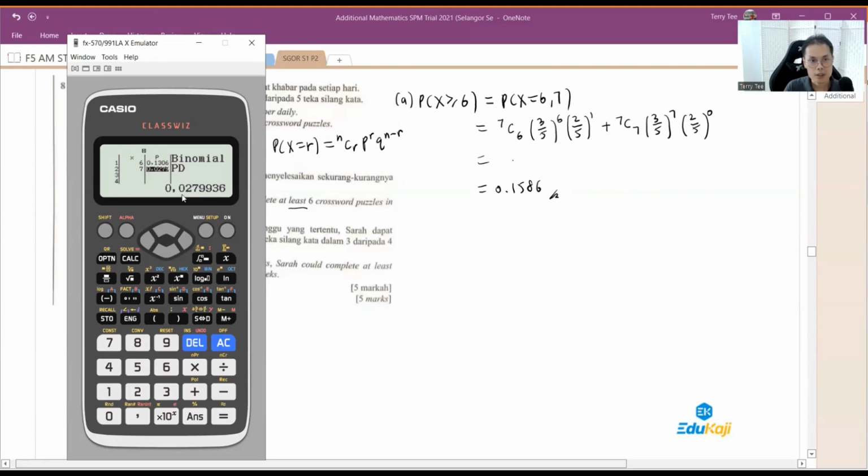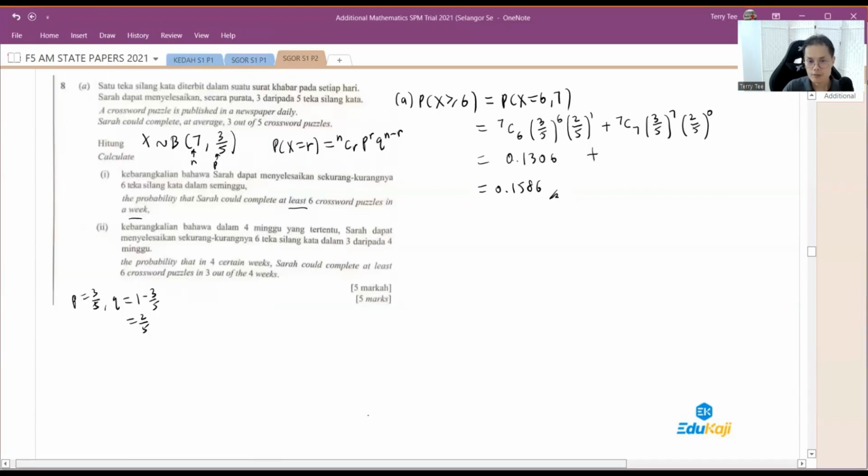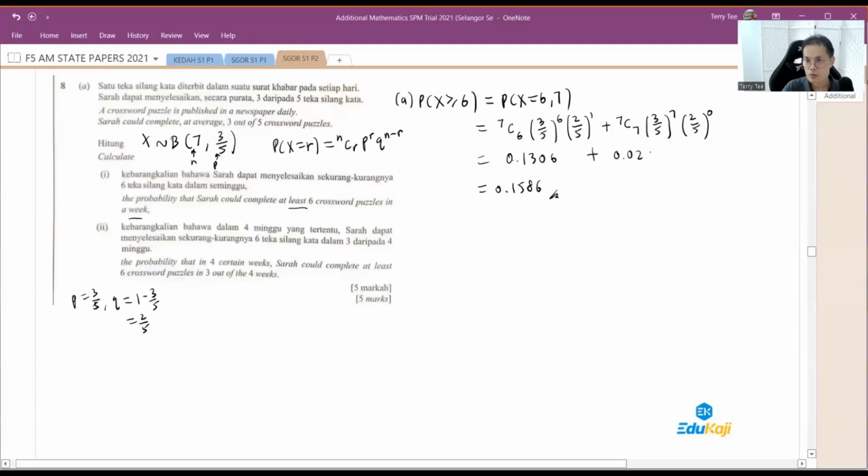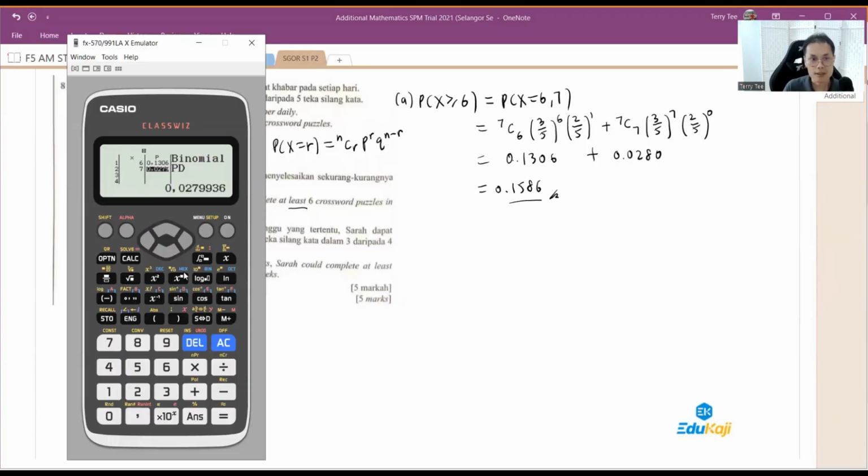Maybe you want to use more decimal places, but I'll just write 0.1306. For 7, I can find from here 0.0280. If you round off, you add up, you still get this answer. So it's quite fast if you use this. Just key in the calculator and get the answer.